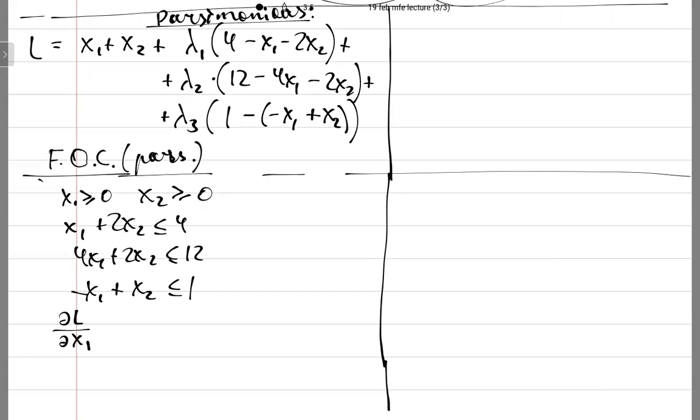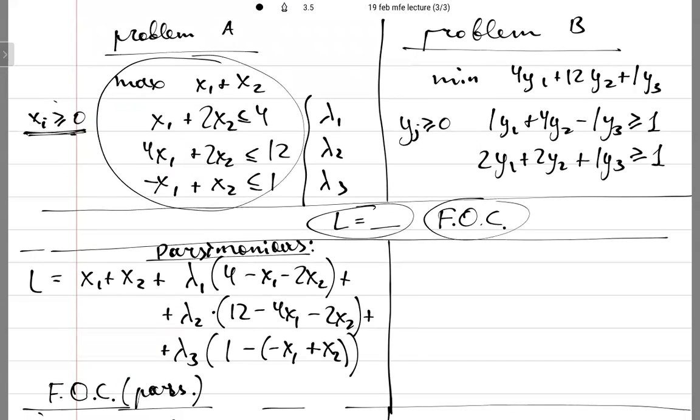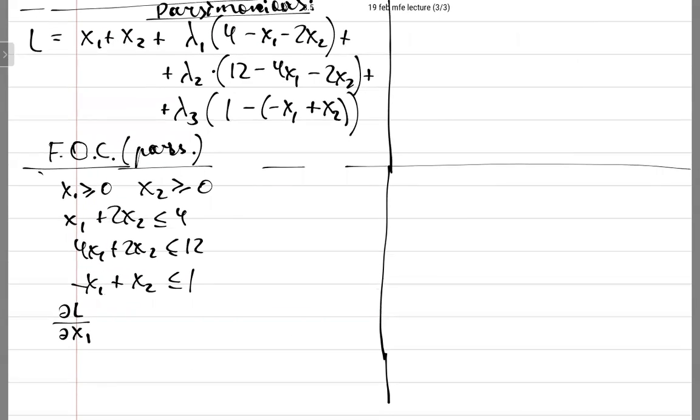But if I remove my non-negativity constraints from the Lagrangian, explicitly copying them instead of introducing two more lambdas, lambda 4 and lambda 5, then dL/dx1 should be less than or equal to 0.